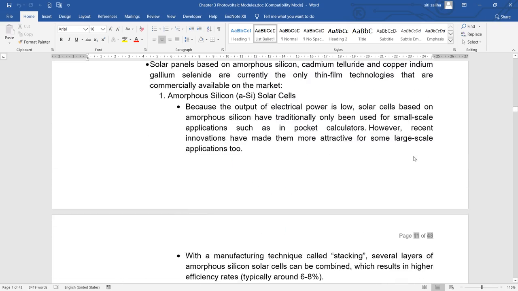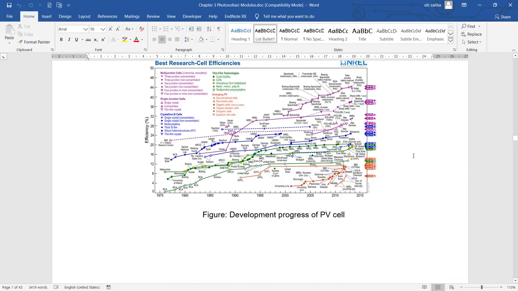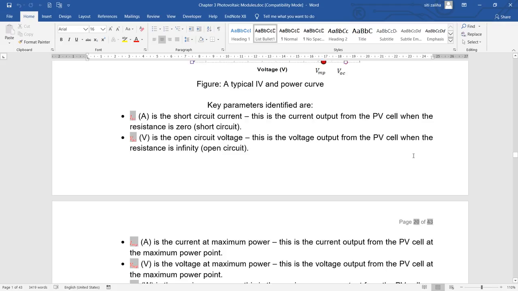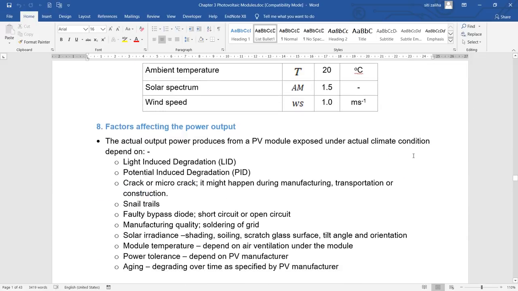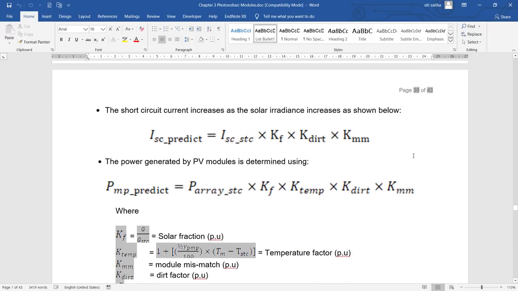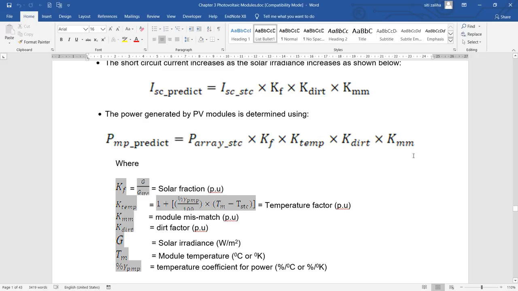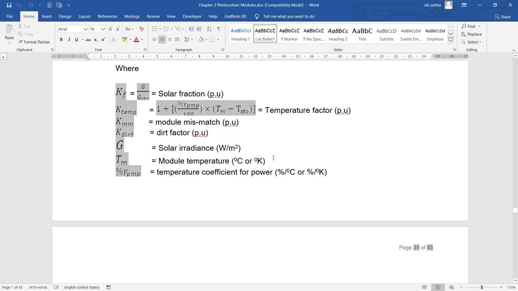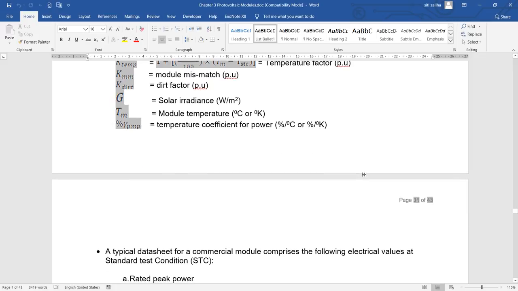So KMM will be plus 5%, which is 105%, so 1.05. Gamma PMP represents the temperature coefficient for power, usually given in percentage per degree Celsius or percentage per Kelvin.